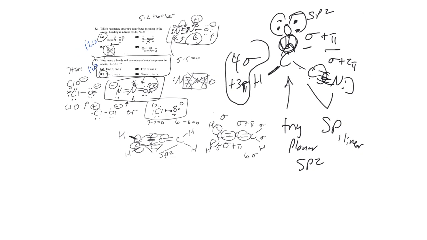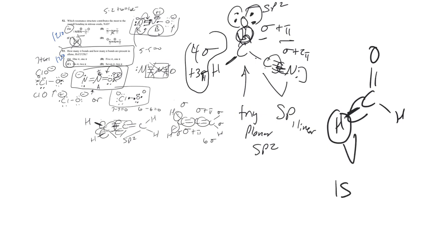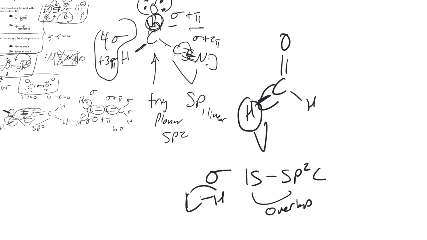One last example might be to say, well, for something like formaldehyde, can we describe what's going on here in terms of bonding? Like this bond here is made by the 1s and then the sp2 overlap of carbon. So this is the overlap that makes the sigma bond between H and C. That's our CH sigma.